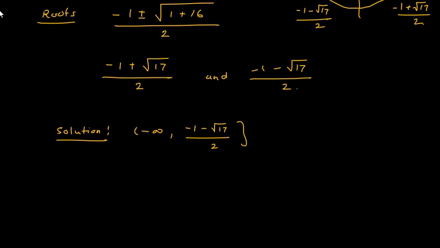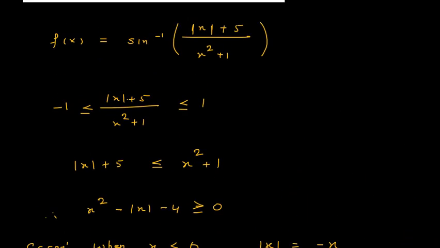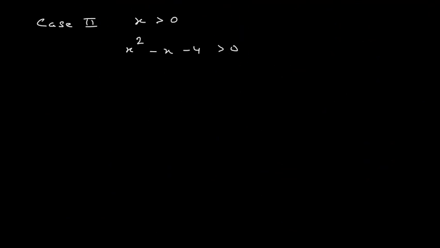And the next case is case 2. Case 2, when x is greater than 0, then my expression will be x square minus x minus 4 greater than or equal to 0. Now if I check the roots, the roots are 1 plus or minus root of 17 divided by 2.